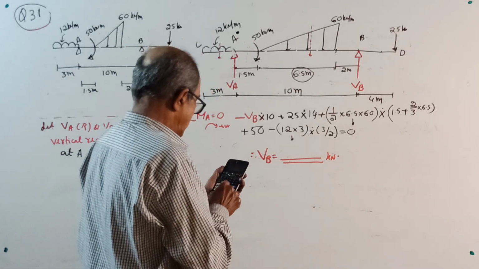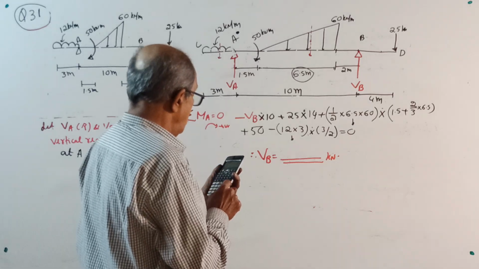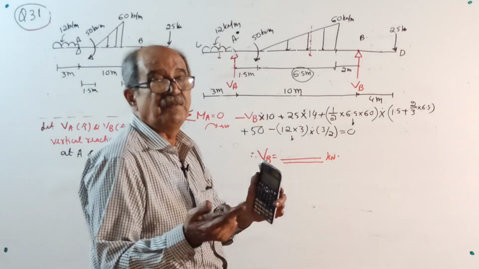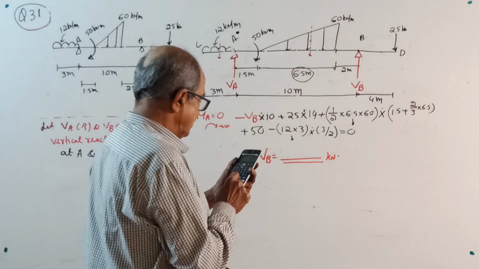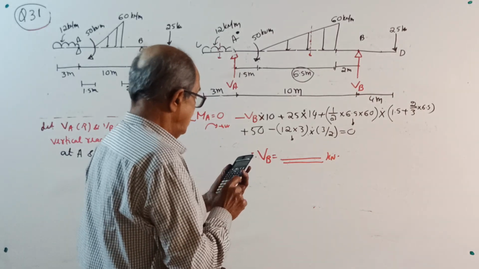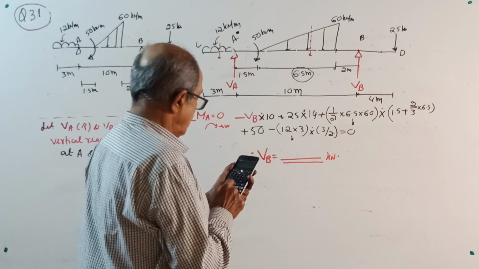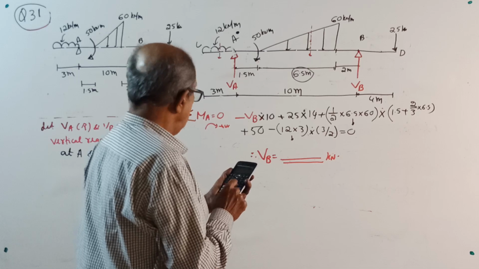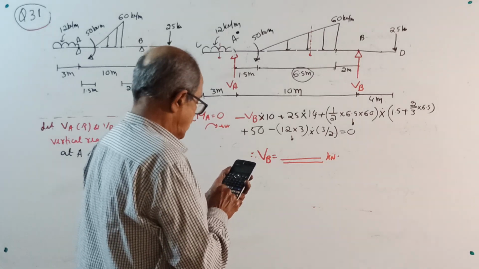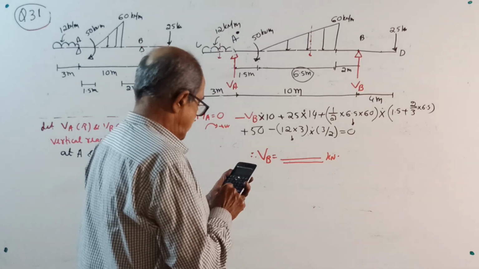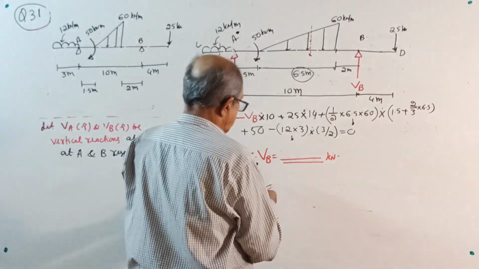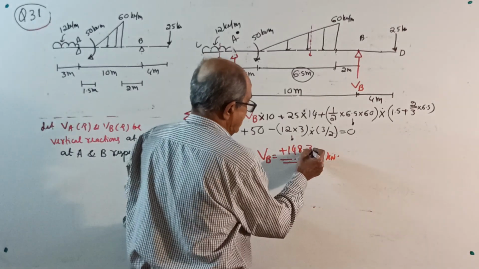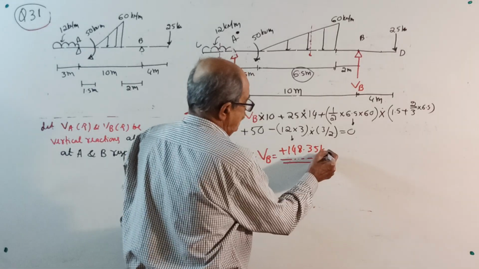One minute. 25 into 14 plus half into 6.5 into 60 into bracket 1.5 plus 2 by 3 of 6.5 plus 50 minus 12 into 3 into 1.5 divided by 10. Calculator problem. Sometimes one small button gone means time wasted. That's why I always do calculation earlier. 148.35 kilonewton.